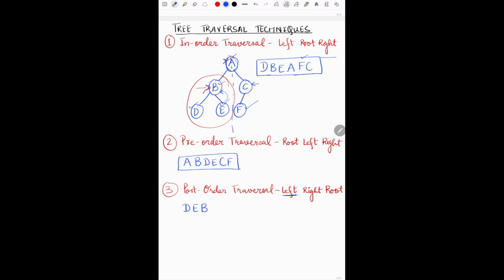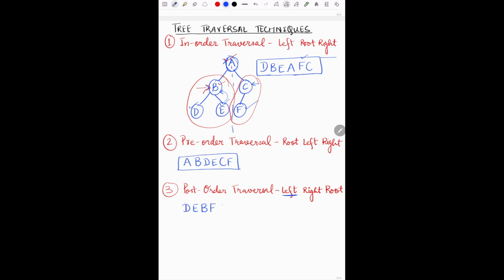Now instead of going to the root, I'll directly go to the right subtree. As soon as I come here, I have to leave the root. Instead, I have to move towards the left subtree, which is F. So I write the left subtree. Then I go to the right of C, which is null, so we do not have to write anything for that.